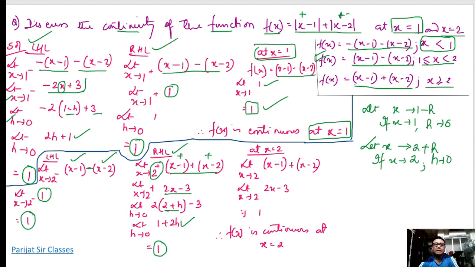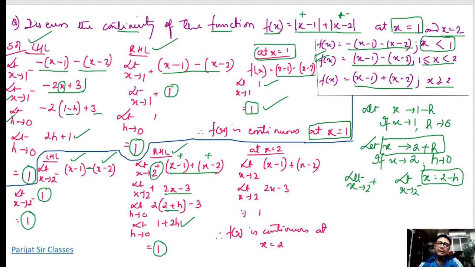Now why are we taking 2 plus h or 2 minus h? Please watch here. If we are writing limit x tends to 2 plus, that is more than 2, that's why we write let x equal to 2 plus h. If we are testing limit x tends to 2 minus, we will take x as 2 minus h. Please note all these things.